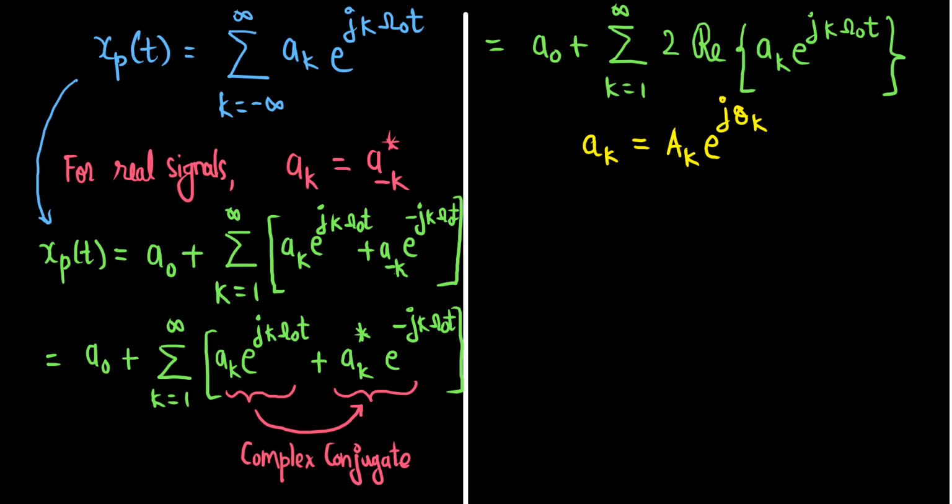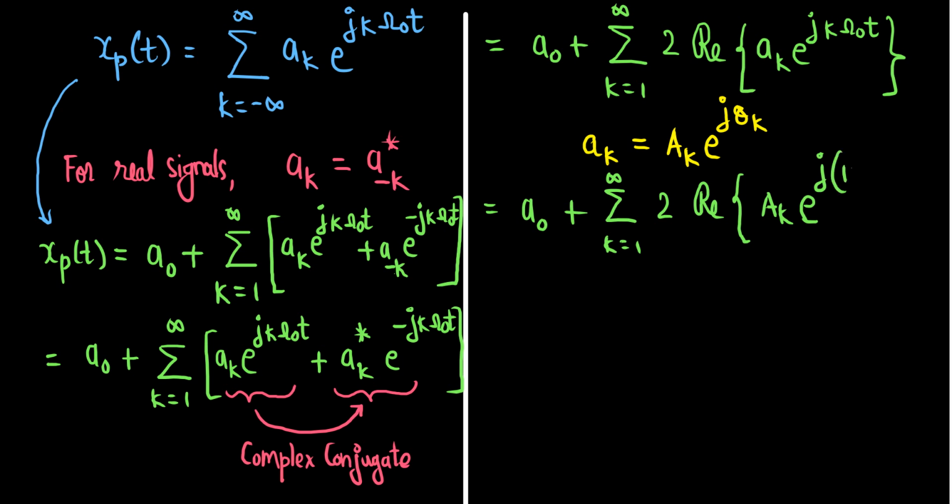So the resultant expression is going to be equal to a0 plus summation k equals 1 to infinity, twice the real part of Ak e to the power j (k omega naught t plus theta k).